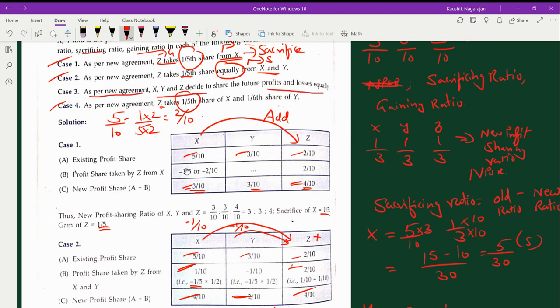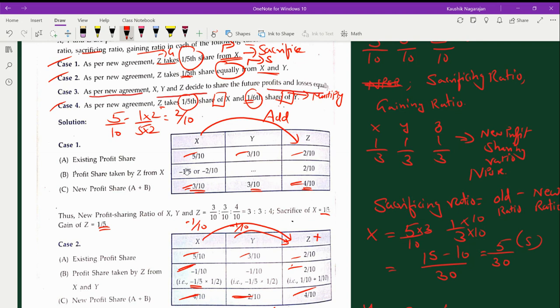In this case it's not mentioned as from; it is mentioned as 1 by 5th share of X and 1 by 6th share of Y. So when you find the word of, you need to apply multiplication. The operation we have to follow here is multiplication, not subtraction. So here Z is taking 1/5 share of X's share.